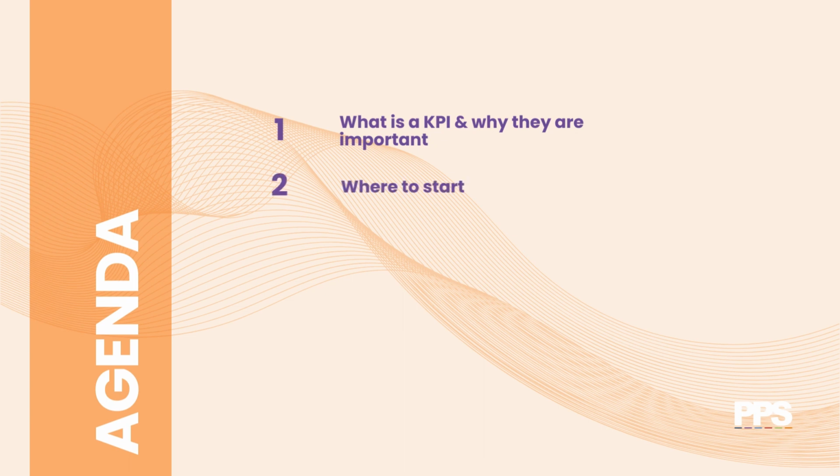Following that, we'll delve into where to start. So if you've never tracked your KPIs before, we'll have a run through of how to get started with it. Then we'll have a look at some examples of essential KPIs. And after that, we'll have a look at using PPS and how that fits into your KPI monitoring. And lastly, we'll take a look at how to use your KPI data.